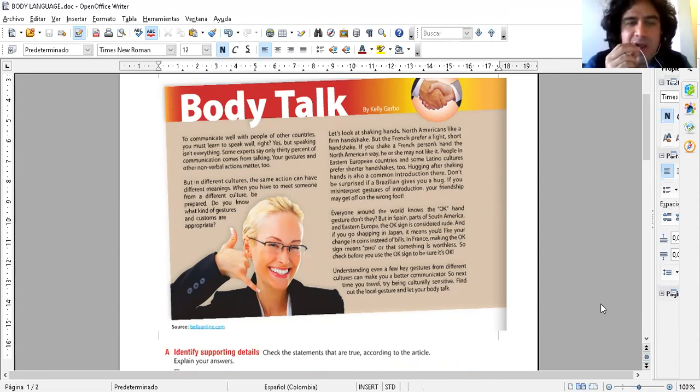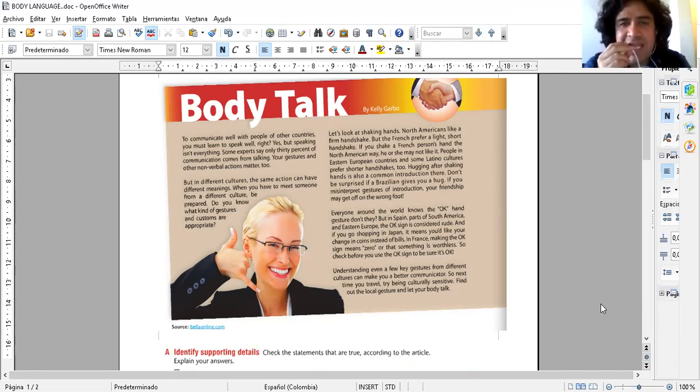But in different cultures, the same action can have different meanings. When you have to meet someone from a different culture, be prepared. Do you know what kind of gestures and customs are appropriate?